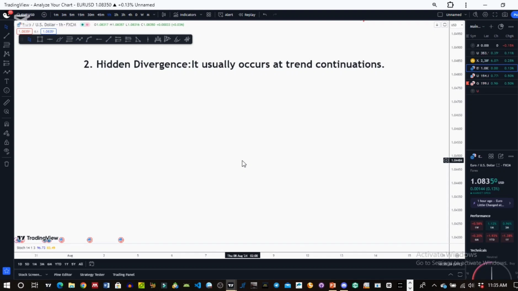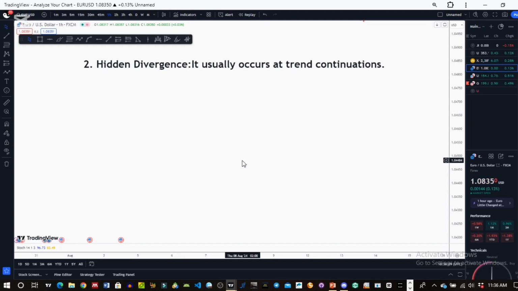Now, for the second type of divergence, we have the hidden divergence, and it usually occurs when trend is to continue, or continuation of trends, all right? So you tend to see this where a trend has already been established, probably a bullish trend or a bearish trend, and price wants to continue in that trend. So this occurs in such scenarios, and it's different for bullish and bearish.